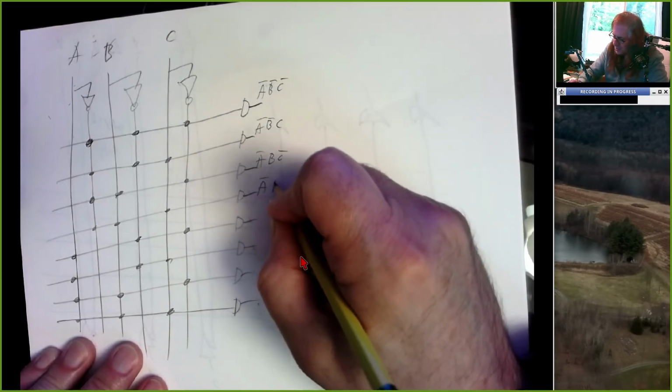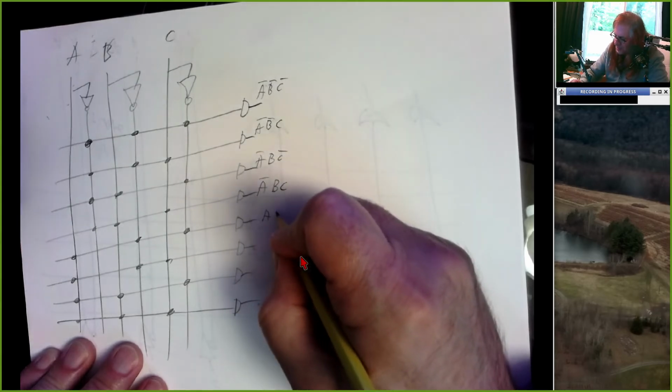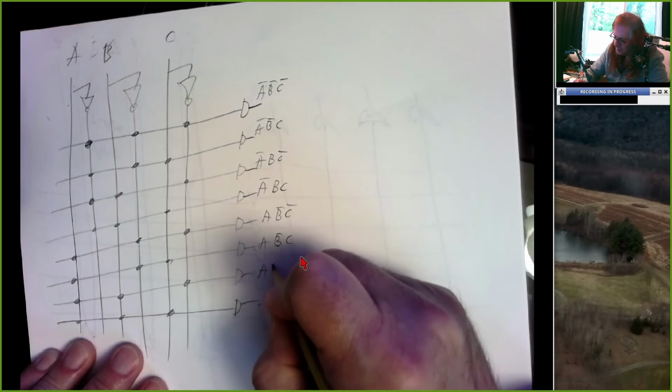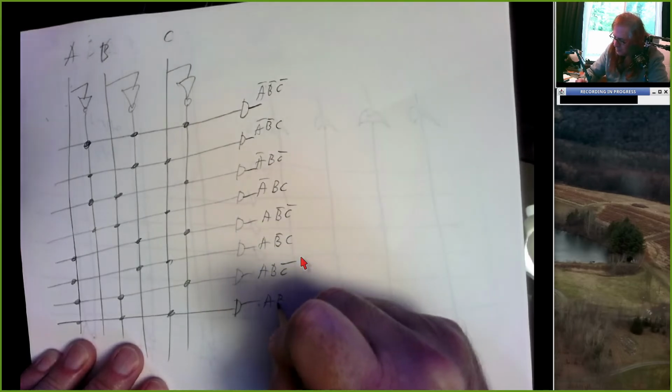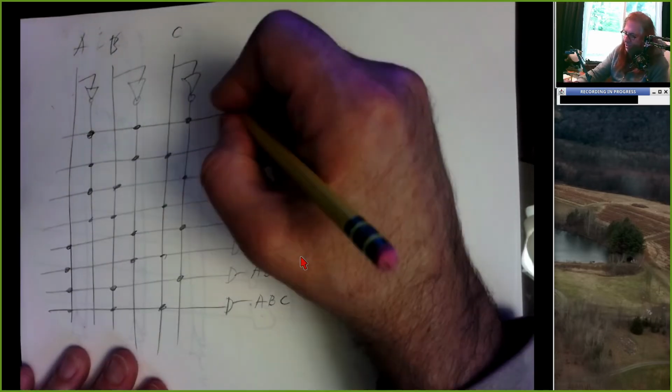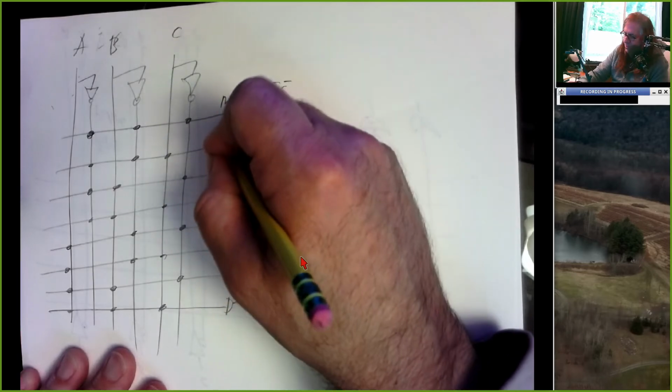Anybody recognize these expressions? Numbers counting up from 0. These are exactly our min terms.